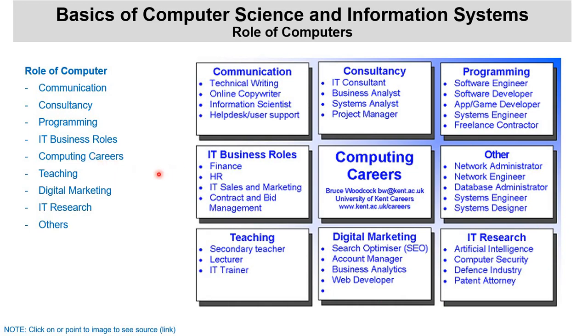We listed a number of them here briefly, just for information, but you can find a lot more information on where computers are used: in communication, where people do technical writing, information science or help desk support; in programming, where there are a lot of programming languages used today for developing different things and games; in digital marketing, with blogs and all kinds of business organization; in web development; in IT research and artificial intelligence, or AI; in machine learning; and in database management.